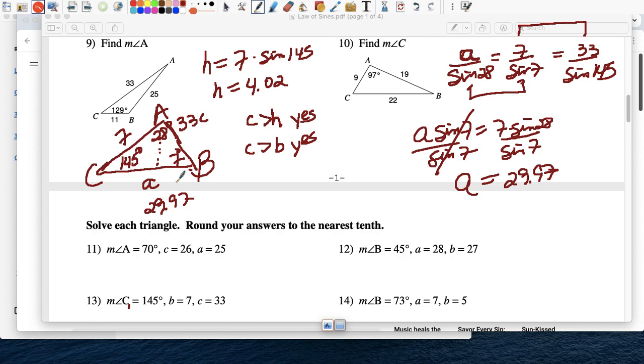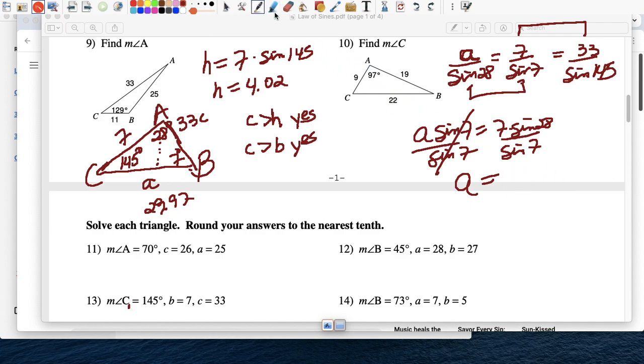It should be somewhere around the 27. Why am I a little bit off? Hang on a second. Let me enter this again. 7 times second function sine of 28 divided by, oh, sorry, I copied this wrong. It's 26.97.